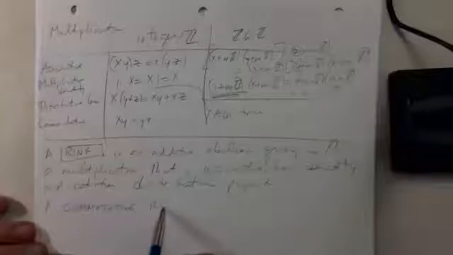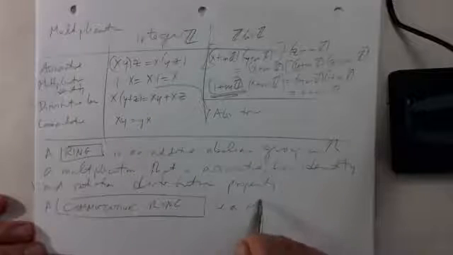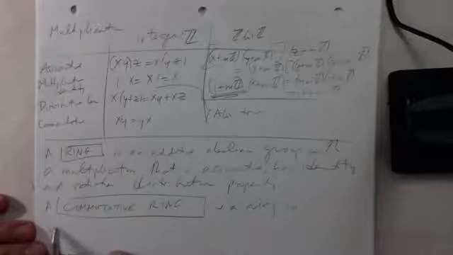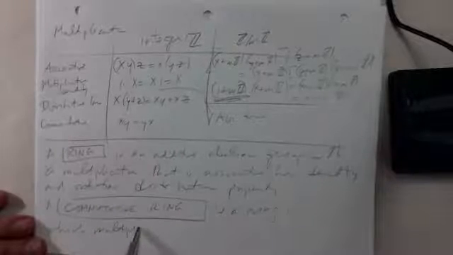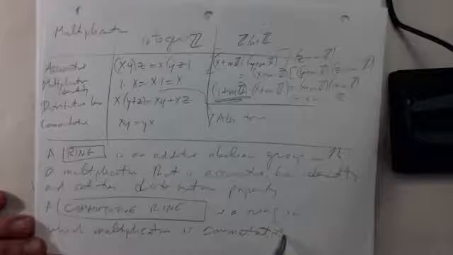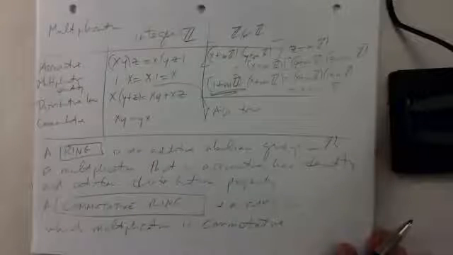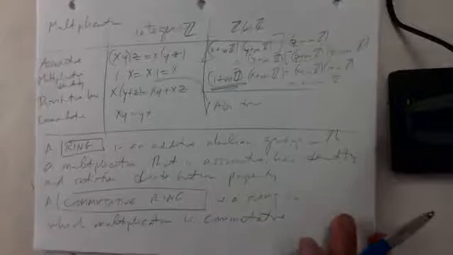A commutative ring is a ring in which multiplication is commutative. And the integers Z and the congruence classes Z mod mZ are examples of commutative rings.